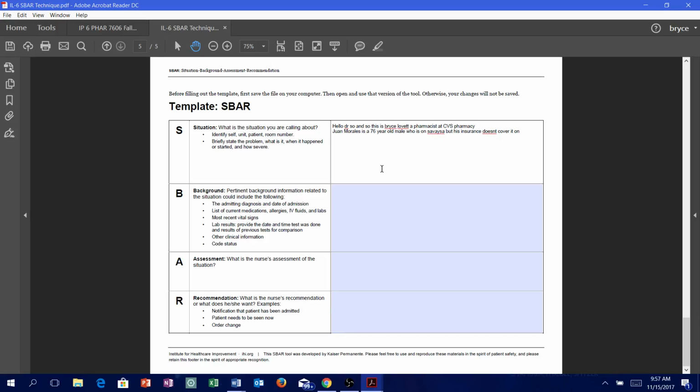We'd like to switch from Savaysa to Xarelto, 15 milligrams by mouth, twice daily with food for the first 21 days, followed by a daily dose with food, taken at the same time. Thank you for your call back.